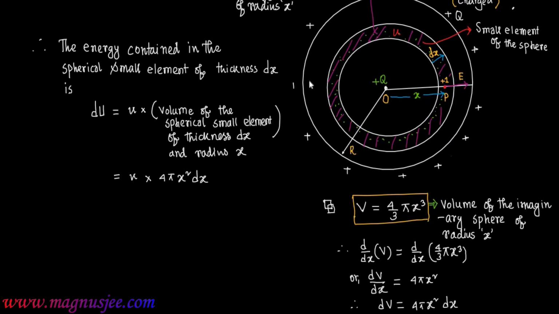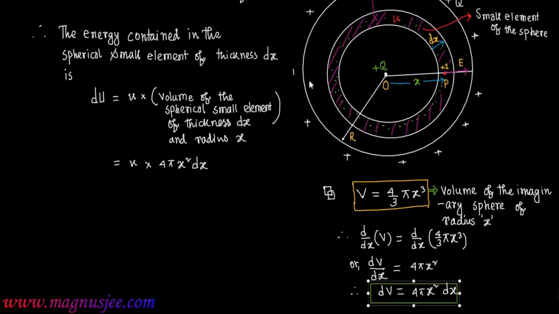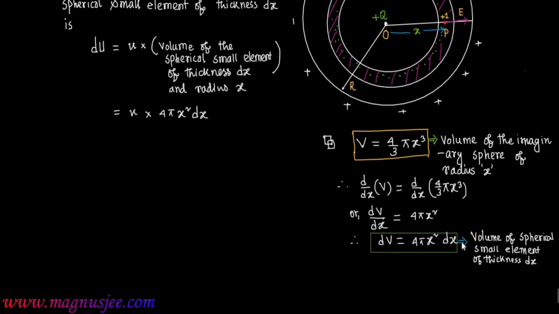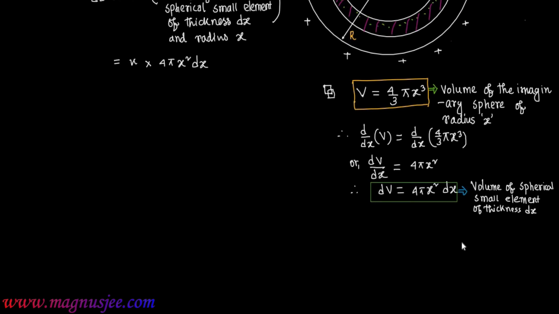Therefore, dV equals 4 pi x square dx. dV is the volume of the spherical small element of radius x and thickness dx. The thickness of this spherical small element is dx.